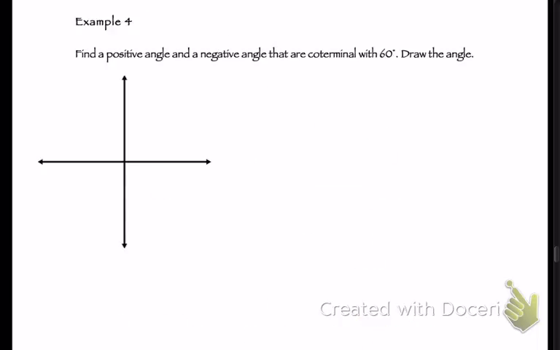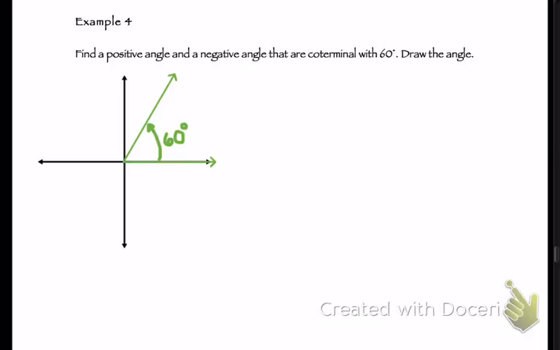All right, so in example 4, I ask you to find a positive and a negative angle that are coterminal with 60 degrees, and to draw the original angle. If I draw 60 degrees, I always start at the initial side, end at the terminal side, and make sure to label that angle as well.